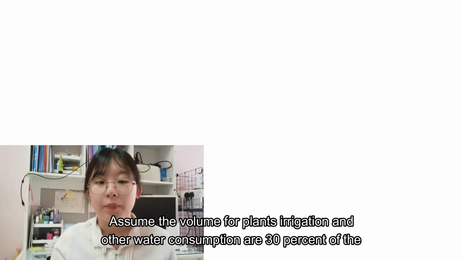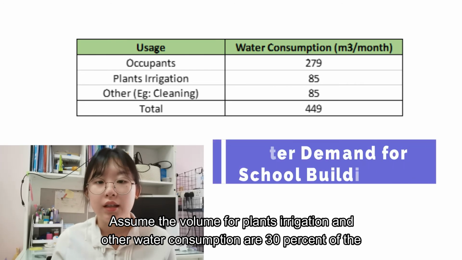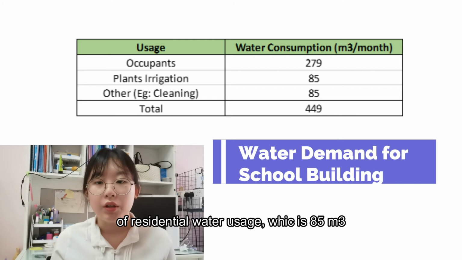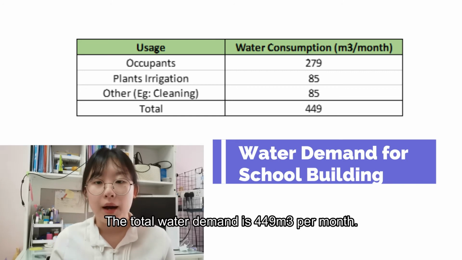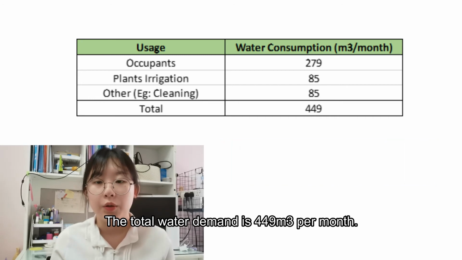Assume the volume for plants, irrigation, and other water consumption is 30% of the residential water usage, which is 85 cubic meters. The total water demand for the school building will be 449 cubic meters per month.